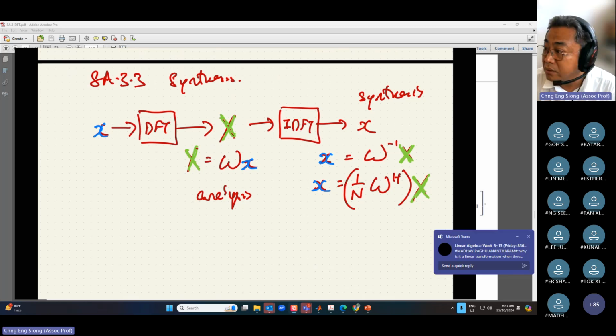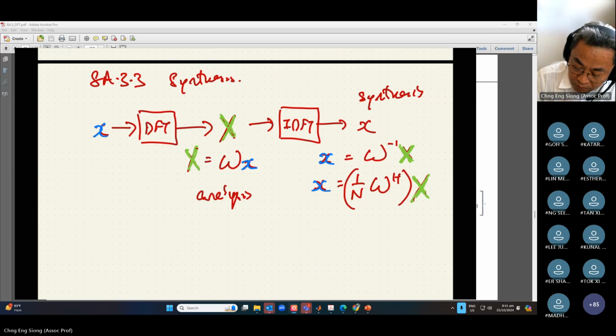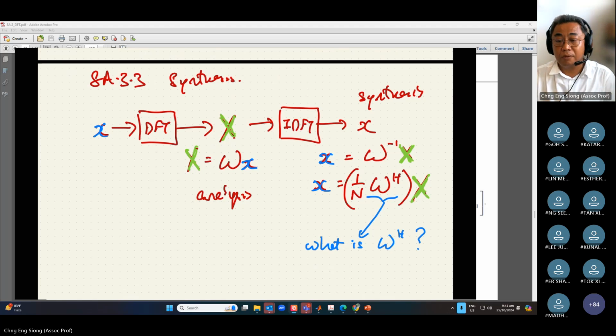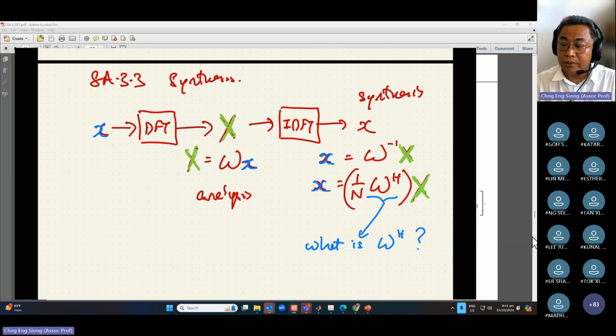Now, so why is it linear when the Fourier transform has sine? Okay, wait. What is WH? I told you what is W. What is WH?